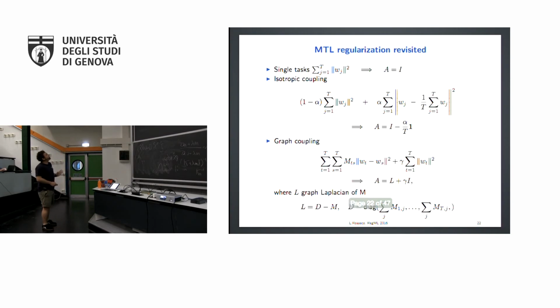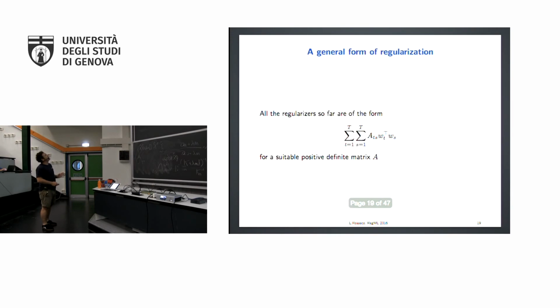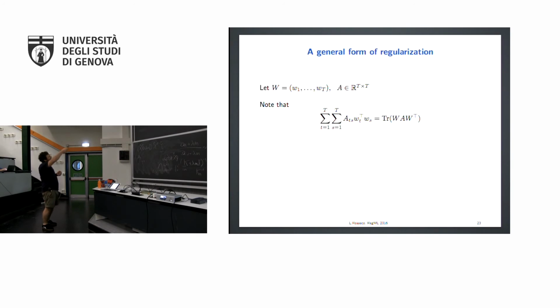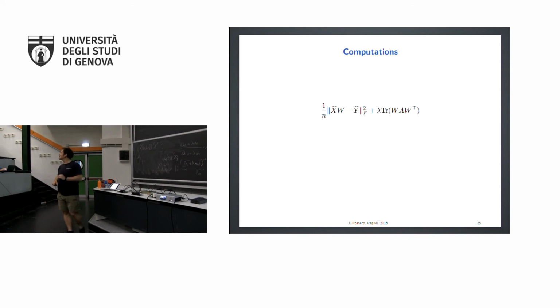And let me show you again, because this is the main thing, and it's simple. We basically said they all have this form, and we can easily derive the different A's, and all this can be written like this, so that in the end, we can look at this nice equation, which is kind of compact, and we can use this to think about computations.